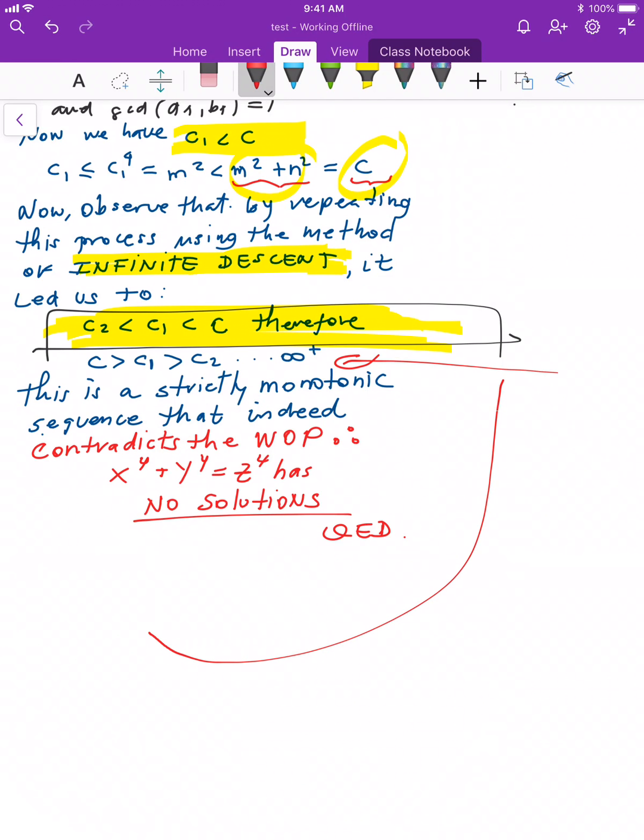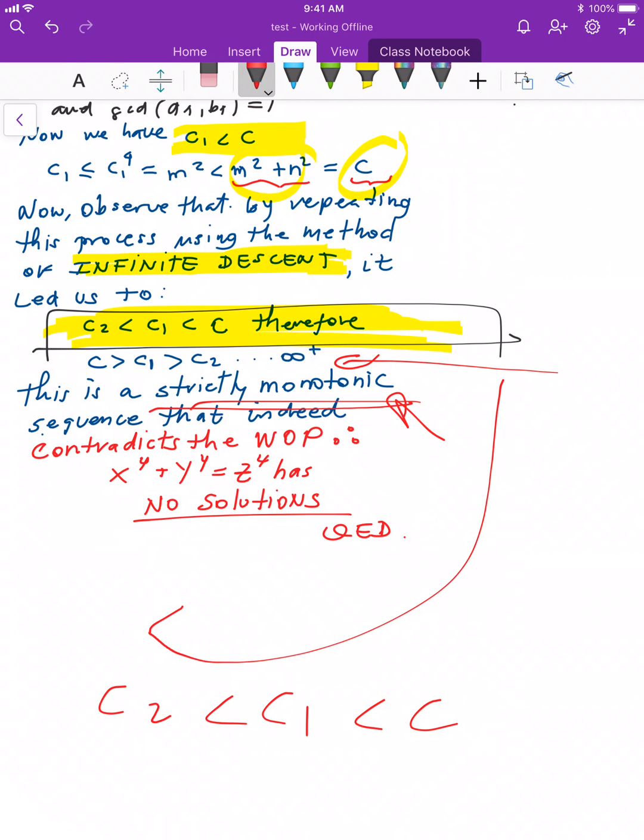This is indeed a strictly monotonic sequence that contradicts the well-ordering principle. So c2 is less than c1, which is less than c.